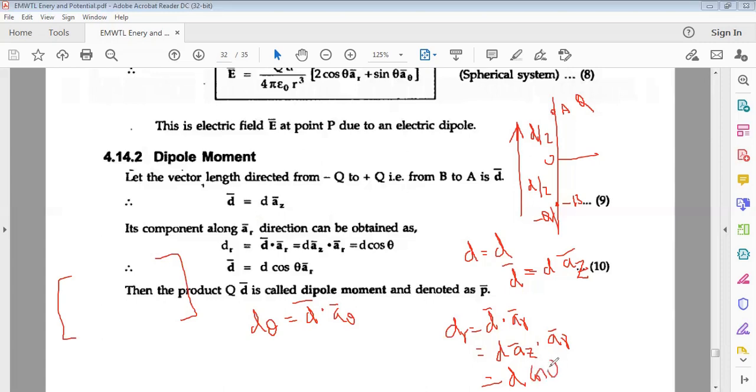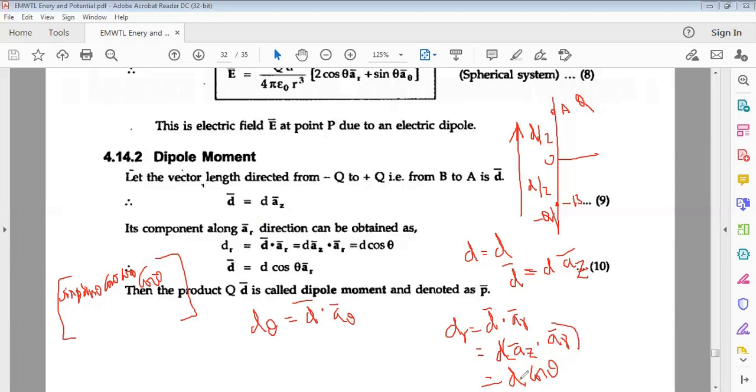In the coordinate system we already discussed, we get cos theta, sin phi, sin theta, cos phi, and here cos theta is a_z bar dot a_r bar. Got it, my students? It's a conversion of Cartesian coordinate system to the spherical coordinate system. Understood?